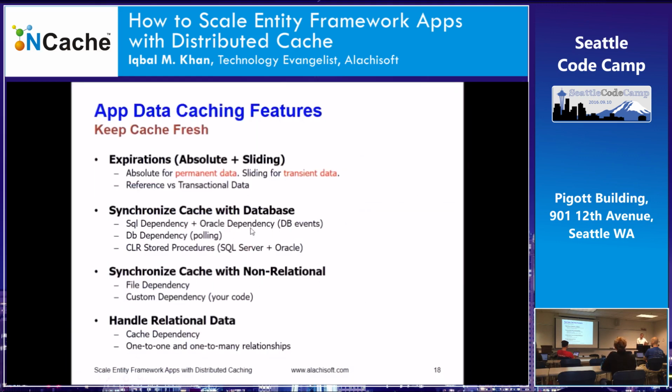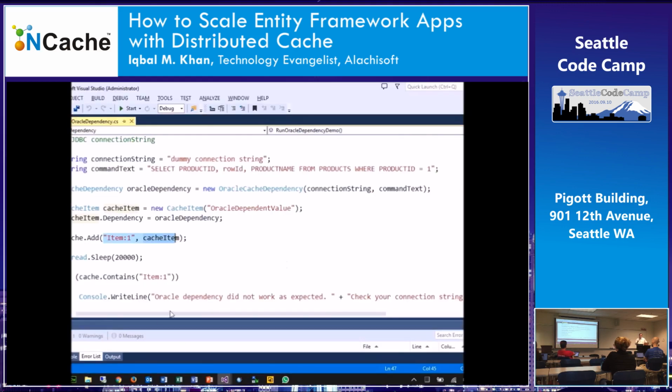And if you have other databases that don't have that feature, then in case of NCache at least, there's a polling-based DB dependency where NCache will poll a specific table itself. So this is a great feature, right? But when you're talking about scalability, this also has overhead, because for every cached item, it creates a SQL dependency data structure in the database.